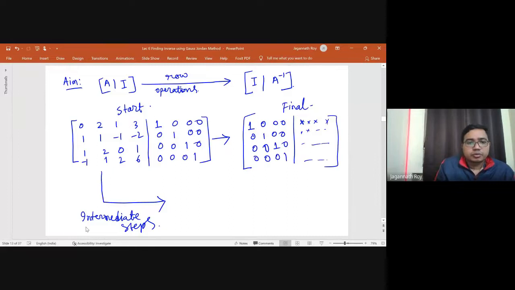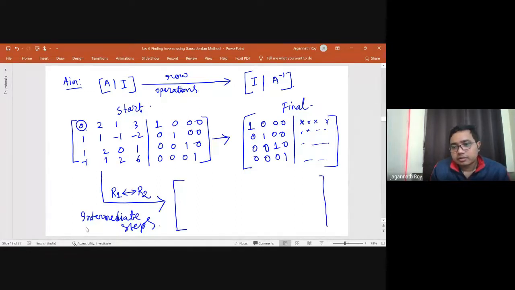Initially it is 0 here, and we want 1 here. Either we can take it from here or from here, so let us take R2. This row 1 is exchanged with row 2. This process is very simple, just lengthy.